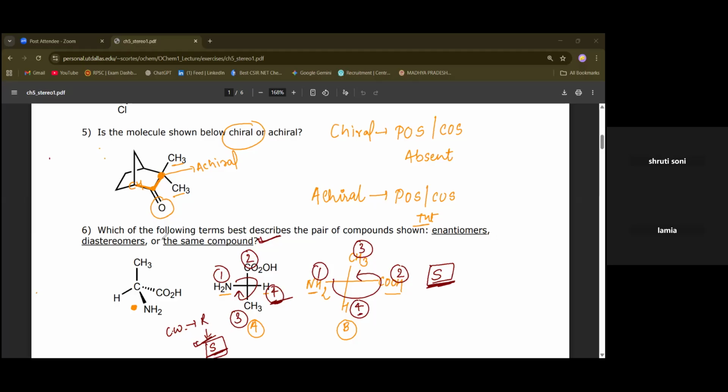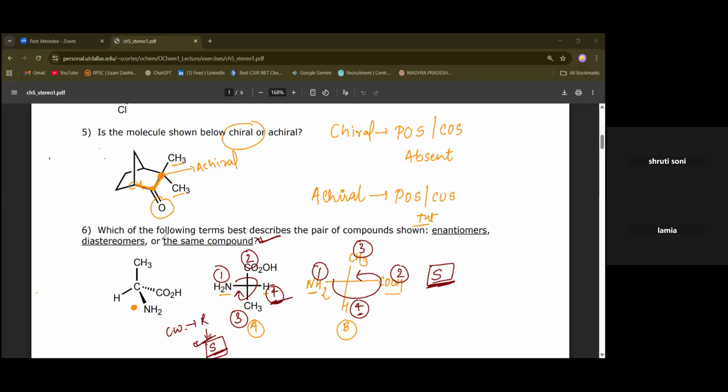If the examiner asks whether there is any chiral carbon, in terms of a carbon or a particular center, then we will check the groups. While if they ask in terms of the molecule, then we will check via the use of POS and COS.